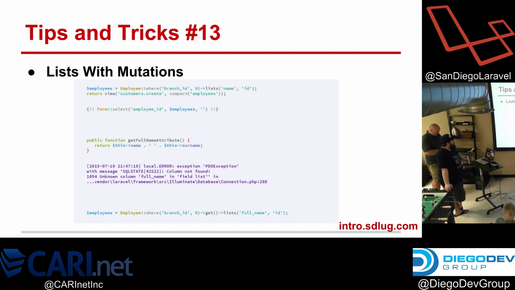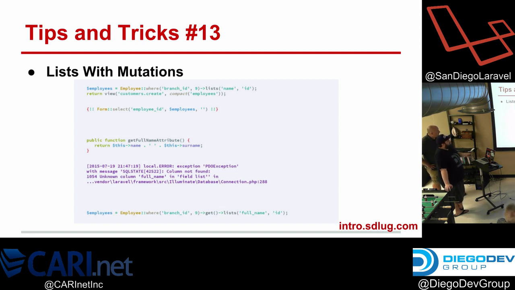So now, if you create a mutator for full name, when you try to access the model and call the full name property of the model, it will try to resolve that property to the getFullName attribute method.